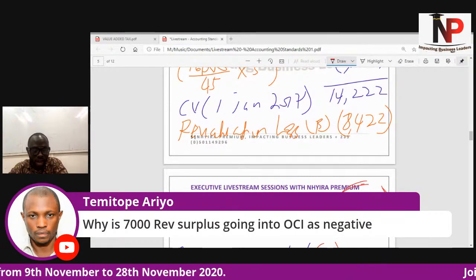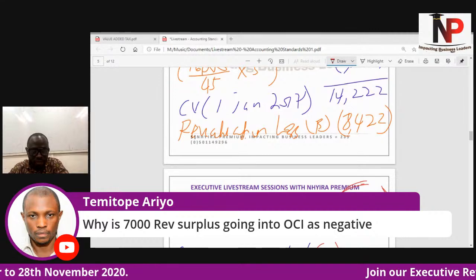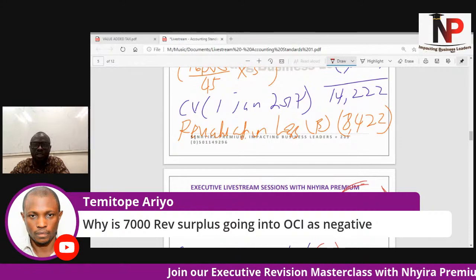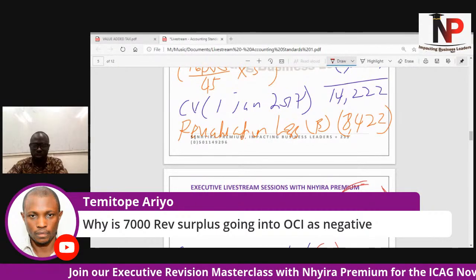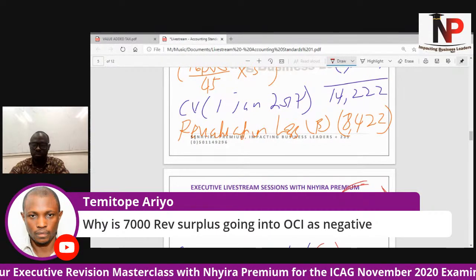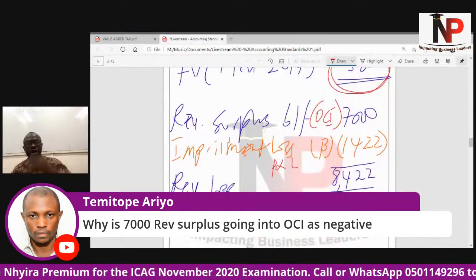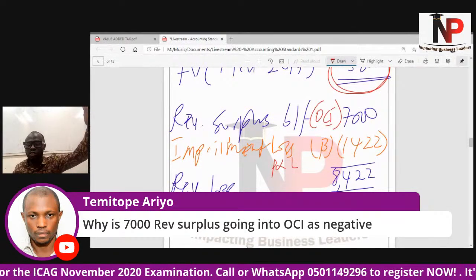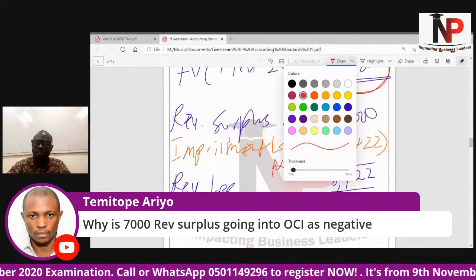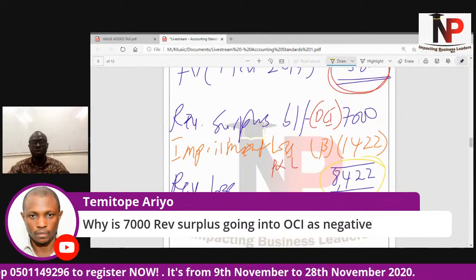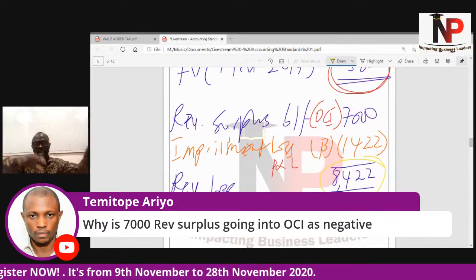Ario said, why is 7,000 revaluation surplus going to OCI as negative? It is not a revaluation surplus. It is the revaluation surplus brought forward, because the asset previously had a revaluation surplus. So it's like we are sharing this 8,422 between the OCI and the income statement.